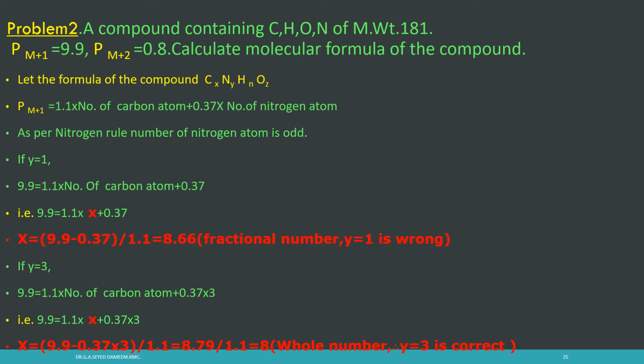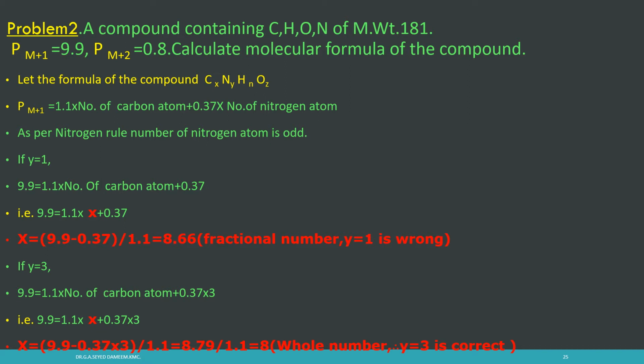So it is a fraction number, so the value of 1 for the number of nitrogen atoms is wrong, because the number of carbon atoms should not be a fraction number. If x is a whole number, then y equal to 1 is correct, but here x is a fraction number, therefore y equal to 1 is wrong.